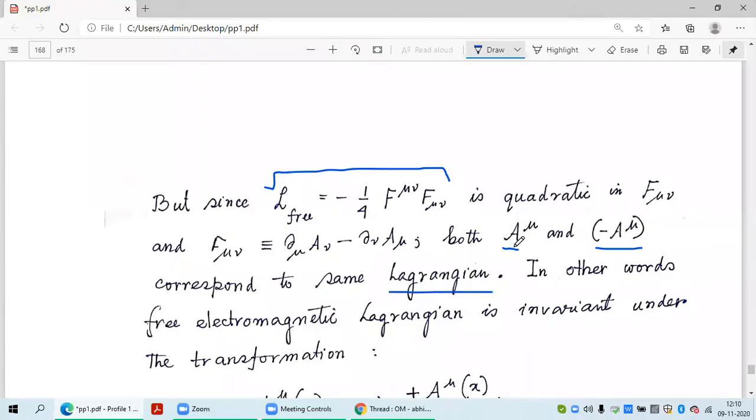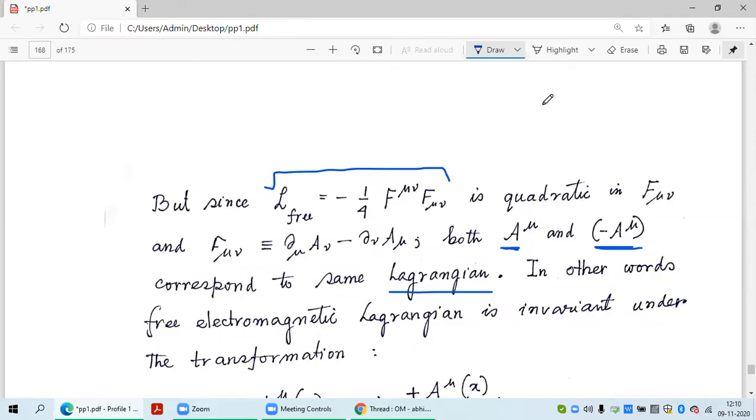If you change the field by an overall minus sign without changing x, you are not doing a parity transformation. Parity transformation means changing vector x to minus vector x. You are just changing the field to minus A mu without changing x and t.